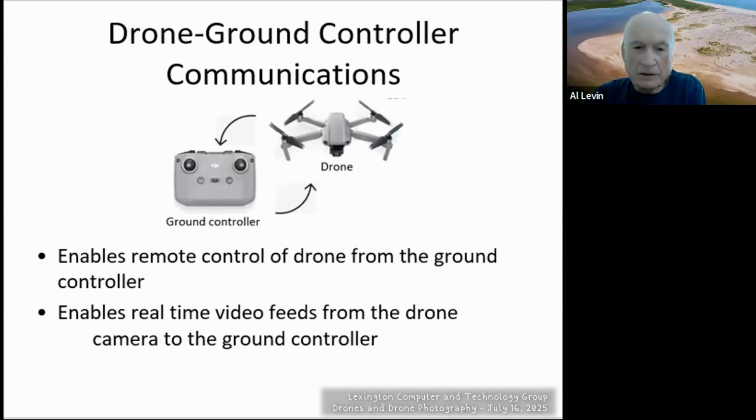Well, how do the drone and the ground controller communicate? Well, most importantly, they communicate via radio signals. And I'm sure most people in this audience know more about radio signals than I do. But that becomes important in the operation of a drone.